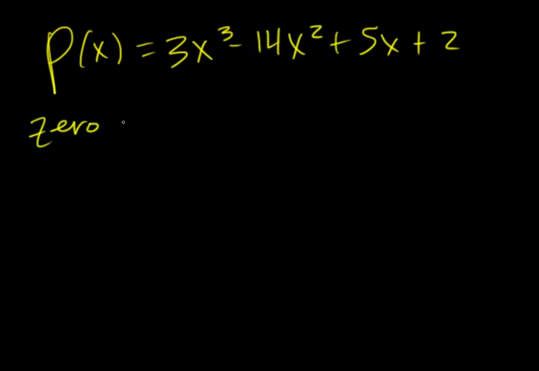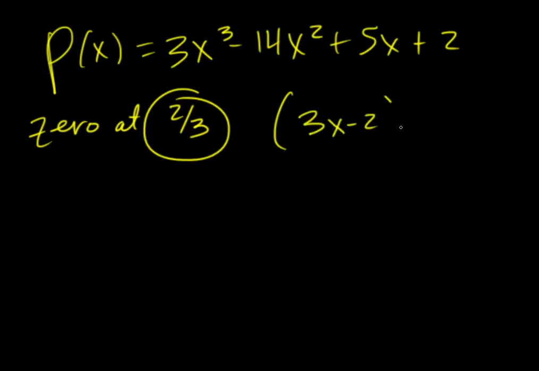So we have a zero at 2/3, and we found that using technology. And if we turn that into a factor, then we know that 3x minus 2 is a factor. The way that we do that, just as a quick review, we say that x is equal to 2/3, and then we essentially solve for 0 and then make sure we don't have any fractions.